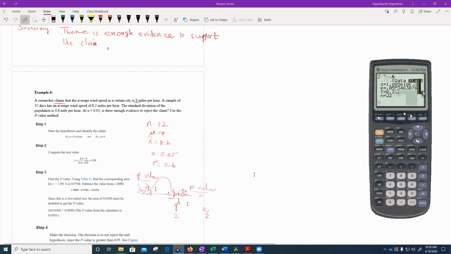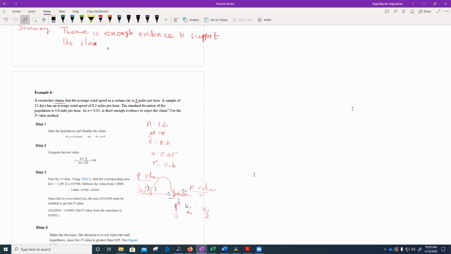So if p is 0.059, then you have to divide by 2 and compare with alpha over 2, or directly you could compare this p-value with the alpha. Both methods are okay.